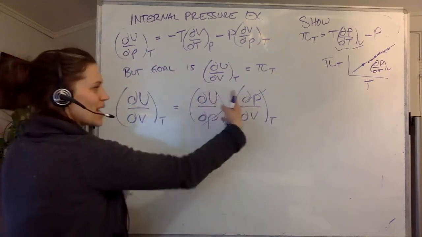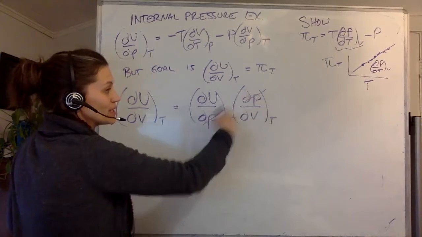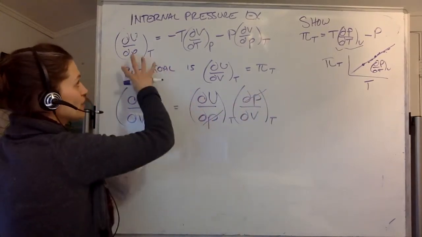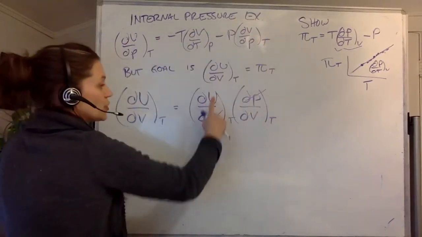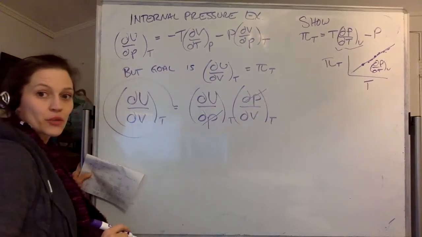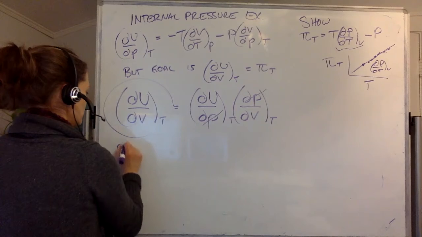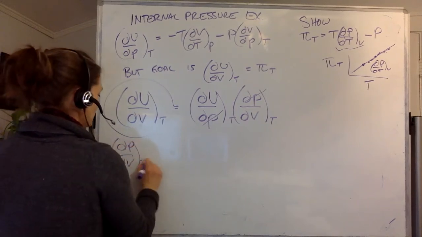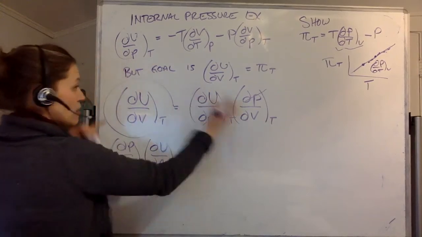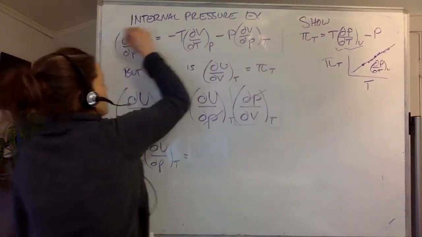So I can extend this into dU dP multiplied by dP dV, and my P's cancel. Cool. So what I can do then is multiply dU dP by dP dV, and then that will give me dU dV. Pause and rewatch that because that's important. So this becomes dP dV at constant T times dU dP at constant T, which is equal now, so I'm just multiplying this by the whole thing.